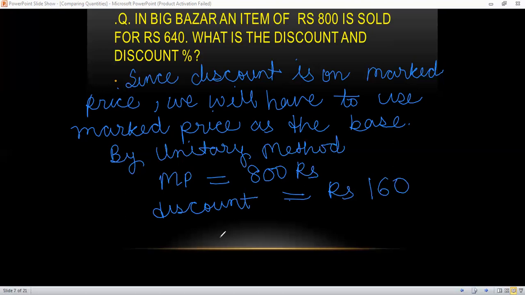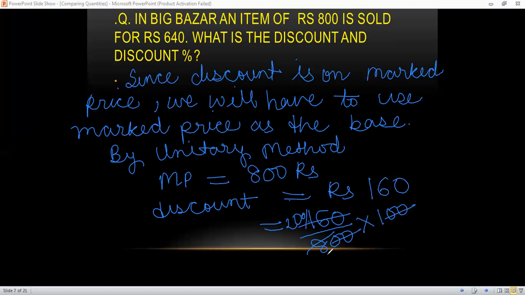Now here we are going to find the percentage. So how can we find it? We will write 160 as numerator and 800 as denominator, and we will multiply by 100. So the zeros will get cut off, and we will simplify the number. We will get 20. So 20 is the discount percentage.